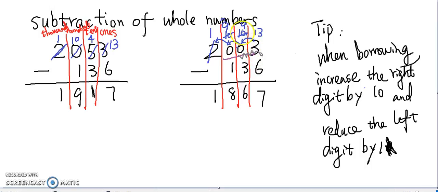Now the left is going to be reduced by 1, so it goes from 10 to 9, and the right side is going to be increased by 10, it goes from 3 to 13. And then you can do the rest of the subtraction. So if you are familiar with this borrowing process, when you have a 0, you have to keep borrowing until you see a non-zero number, and that number will be reduced by 1. And these two zeros, you can see they will both turn into 9s, and the last digit will be increased by 10.